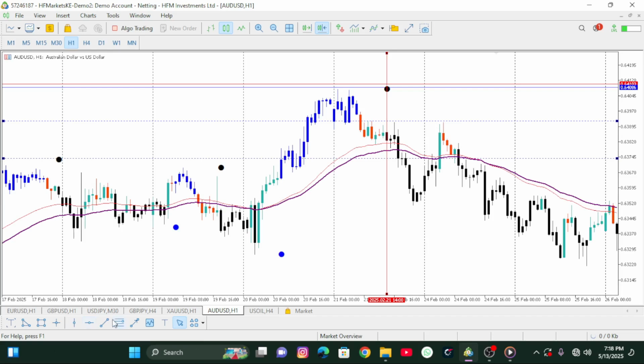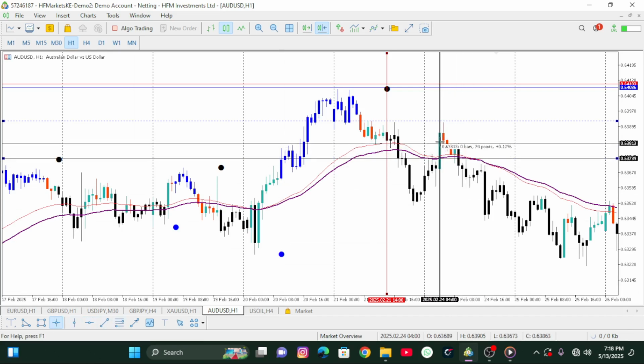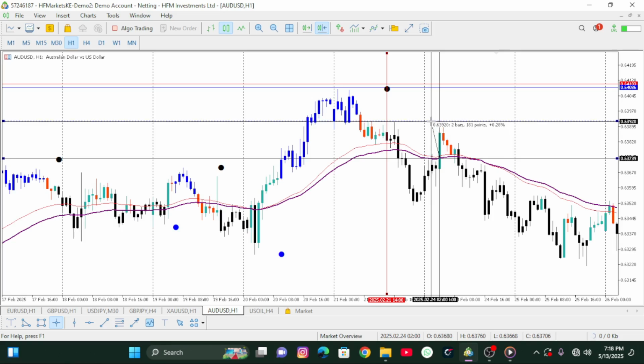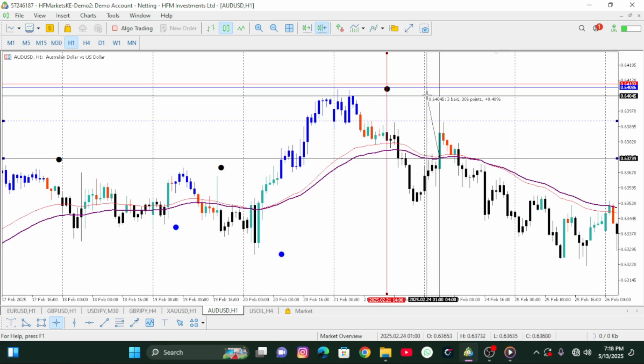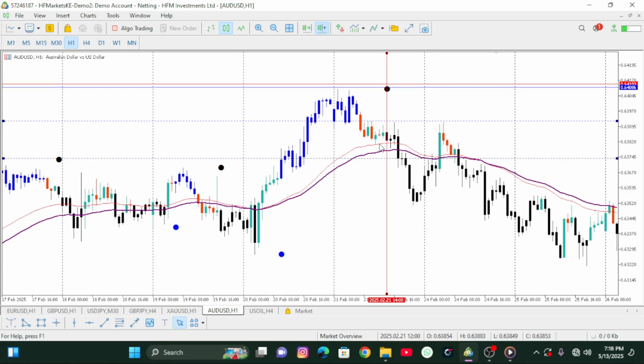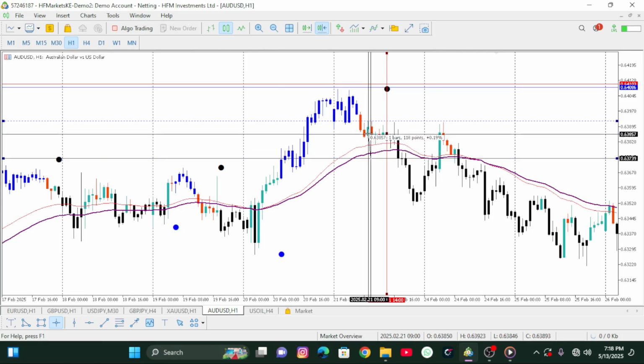Let us measure our stop loss distance. Okay, 18 pips. Some usually go for a 30 pip stop loss. Personally I use a maximum of 30 pips stop loss.